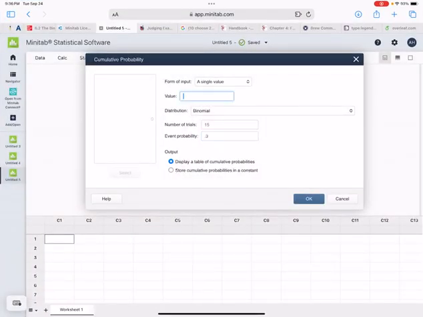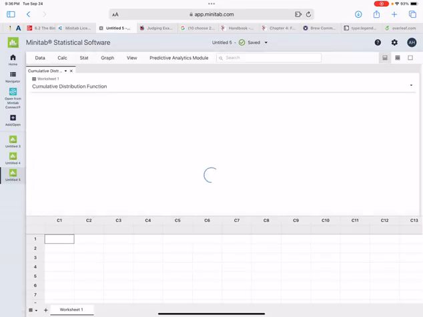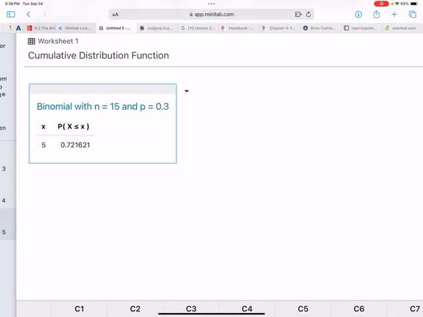So here's the thing. At least 6 successes, that's not exactly what we want, because this is going to give us at most. So we're going to be a little clever. We're going to put in 5. Now watch what happens. The probability that we have at most 5 successes is 0.72.